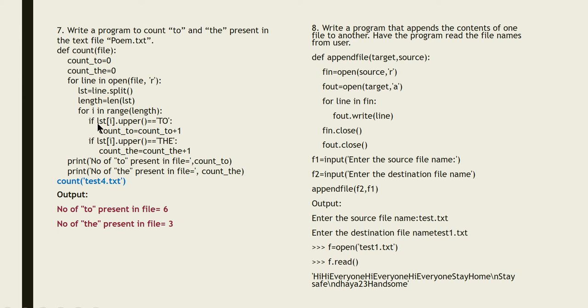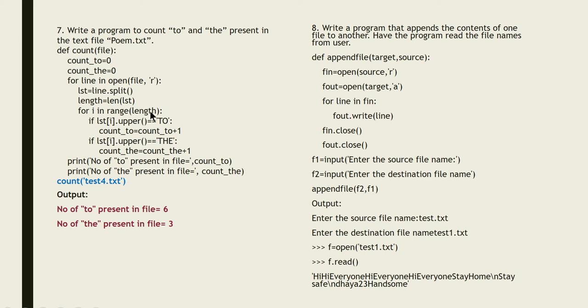To make sure that all the "to"s are counted without fail, I convert the word into upper case and then check equality with capital "TO", so that you won't miss anything. If it is "to", I increment the counter by 1, the count_to counter. Similarly, if it is "the", I increment its counter. It will be repeated for every line.